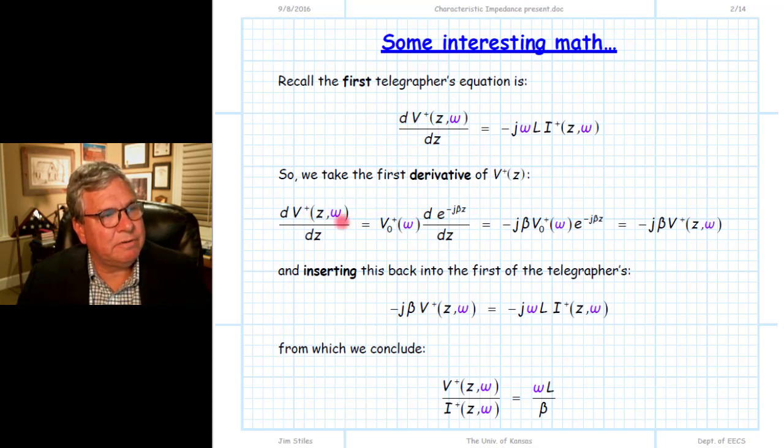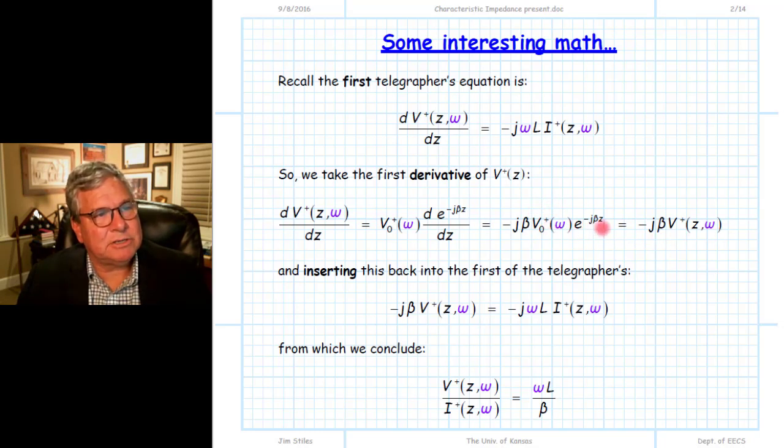So we take the first derivative of a plus wave voltage function, V0 plus times e to the minus j beta z. Pull the constant out front, take the derivative of the exponential, and we just have minus j beta times V0 plus complex wave amplitude, and then of course the same exponential. If we look at this closely, we see these last two terms are just the plus wave voltage function.